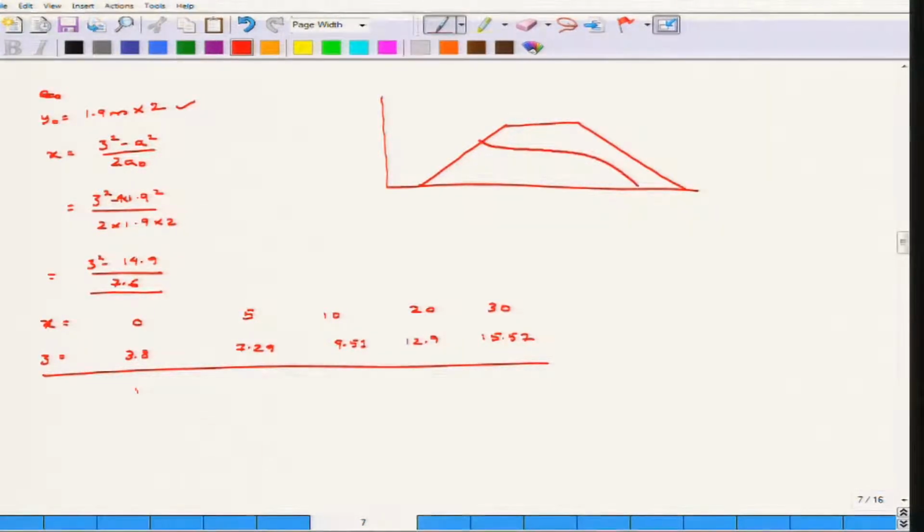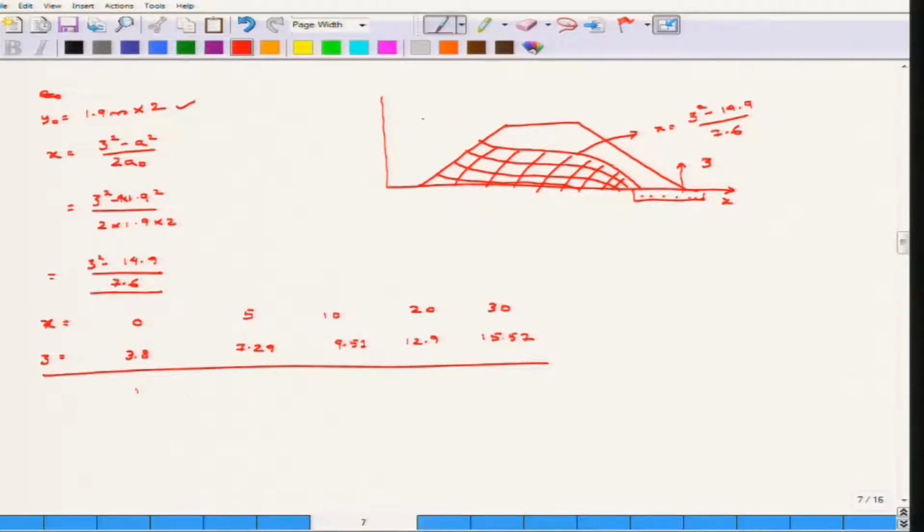Here is the phreatic line, and this is its equation: x is equal to z square minus 14.9 by 7.6, where this is x, this is z, and this is where the blanket drain starts. Similarly, all the flow lines will be like this, and all the equipotential lines will be like this, perpendicular to the flow lines.